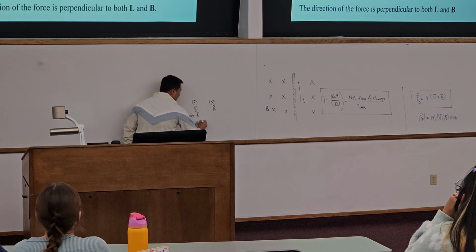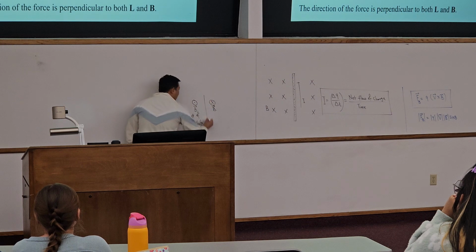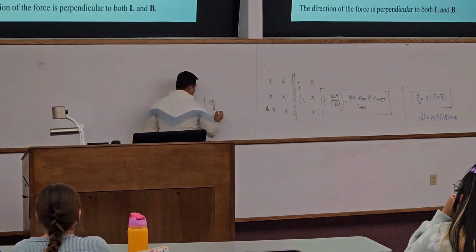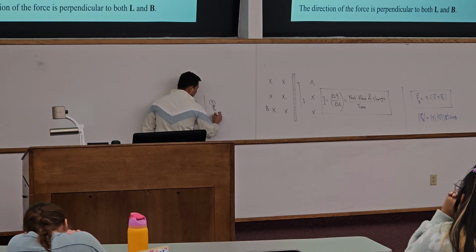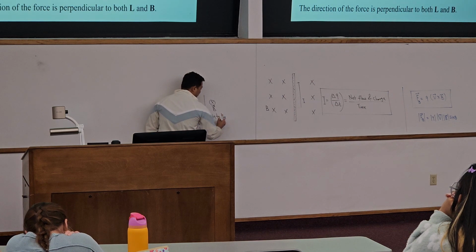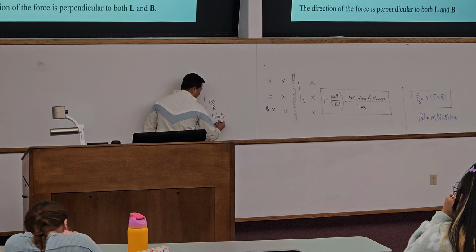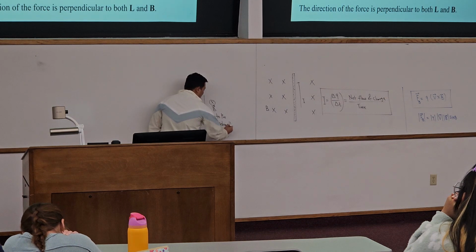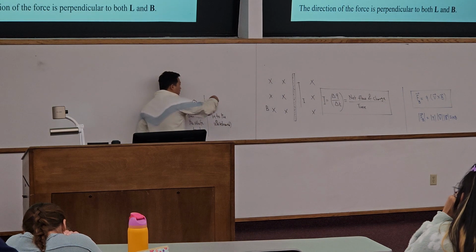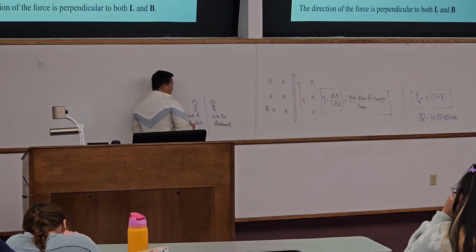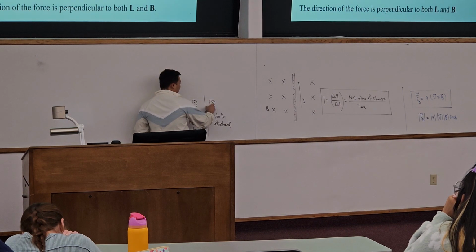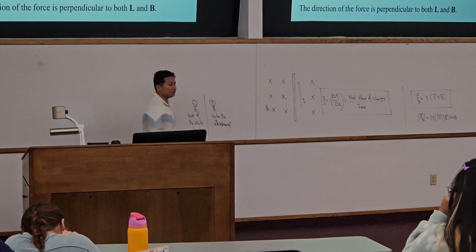If you are writing in the plane of paper, it's coming out of the plane of paper. The second way of writing is B is into the whiteboard. The magnetic field is going into the whiteboard. So basically, this is the tail of the arrow, vector.